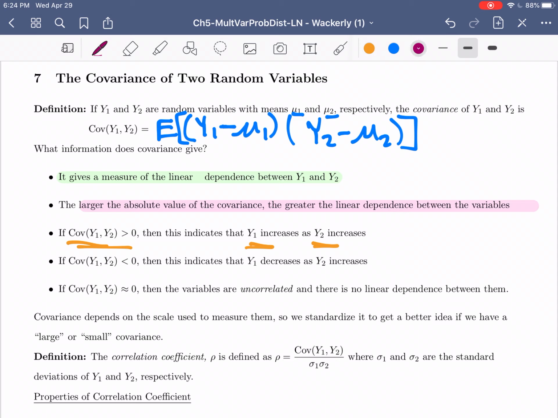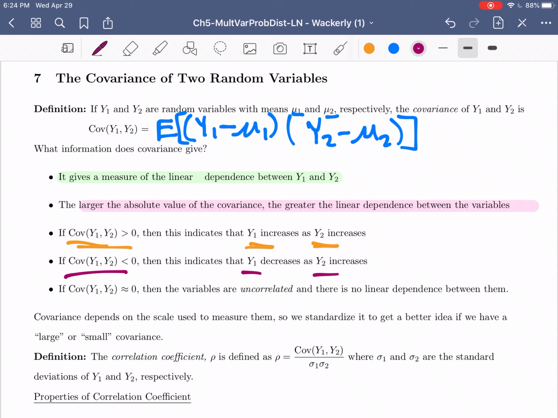And if we have a covariance that's negative, then y1 decreases as y2 increases. So in one case they are positively correlated, and in the other they are negatively correlated. If that covariance is close to 0, then we would say they are uncorrelated. There is no linear dependence between them.